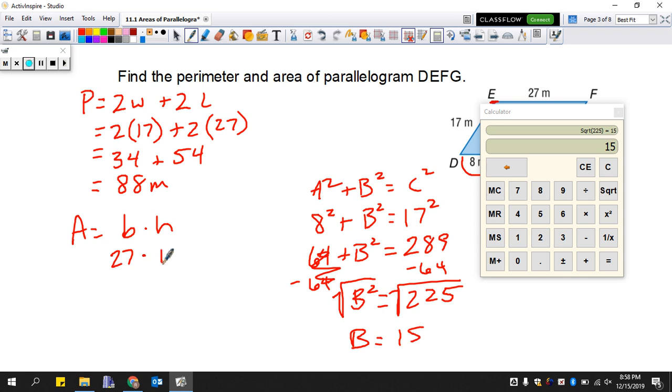So we have 27 times 15. We say 27 times 15, and we end up finding out that the area is equal to 405 square meters. Okay?